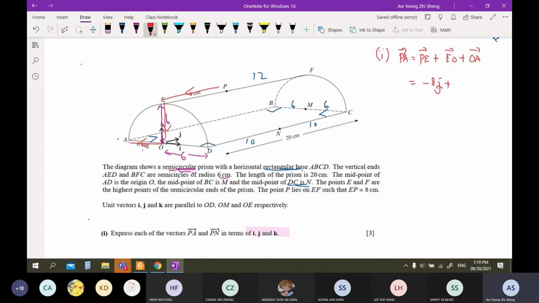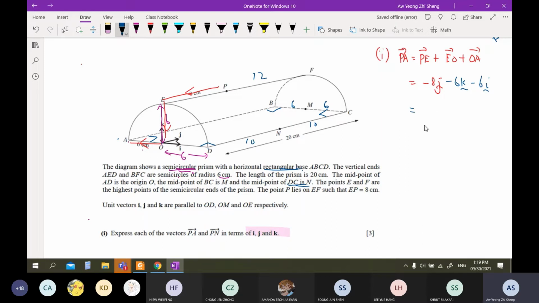E to O is 6 units, but is opposite to k, so you have negative 6k. Underneath your j and k, you need a curly line because j and k are unit vectors. Then from O to A, it is opposite to i, 6 cm, minus 6i.